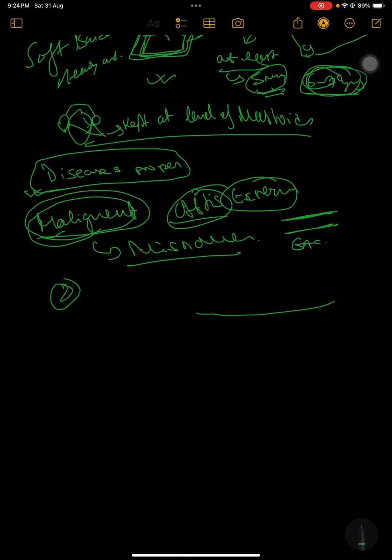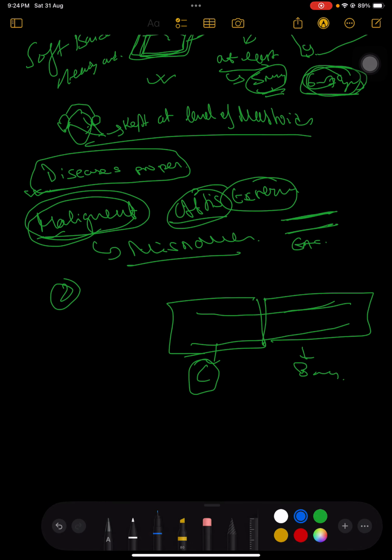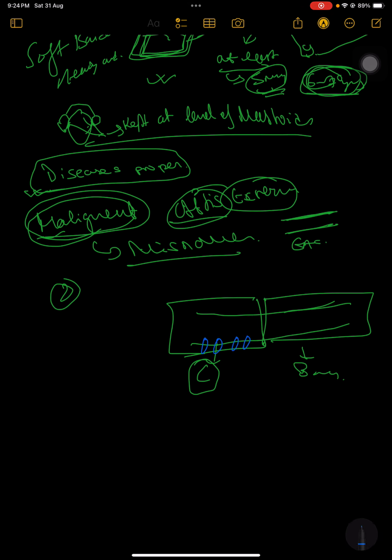Remember, in the external acoustic canal, the lateral 1/3 is cartilaginous and the medial 2/3 is bony. In the cartilaginous part, in the floor area, there are certain sieve like projections. Similarly, in the bony area also there are sieve like projections.